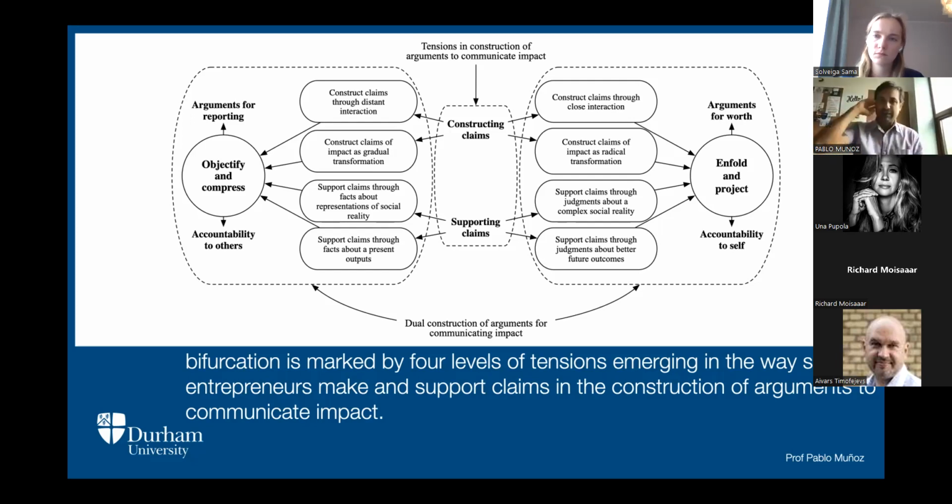You think about dramatic changes in the educational system, dramatic changes in the health system, where everyone has access to health and education and so on. So it's a very bold way of constructing claims about impact. And they're supported by value judgments about complex social realities and mostly focused on future outcomes.